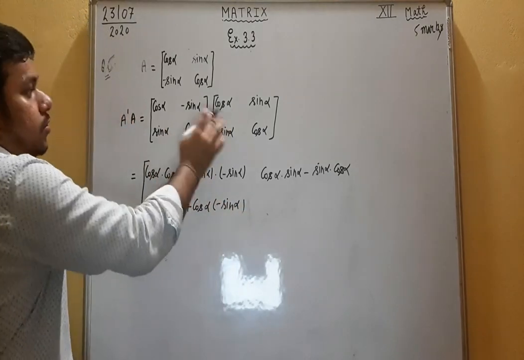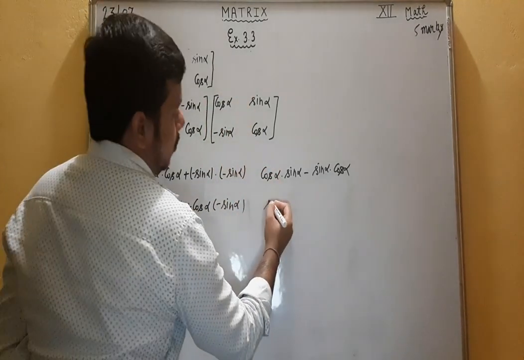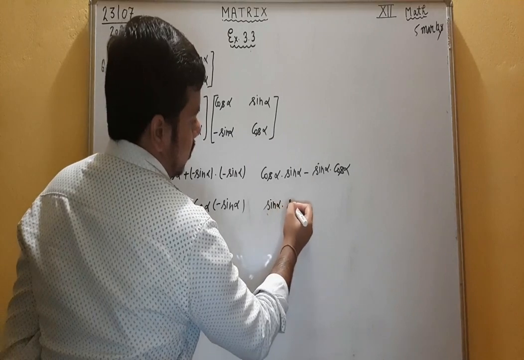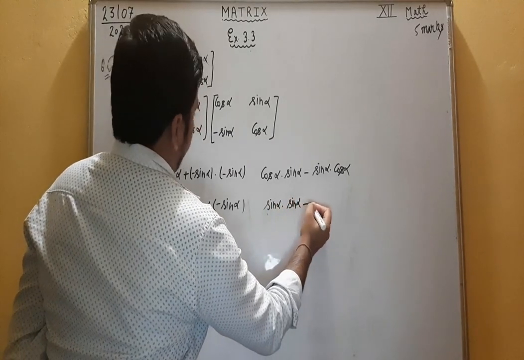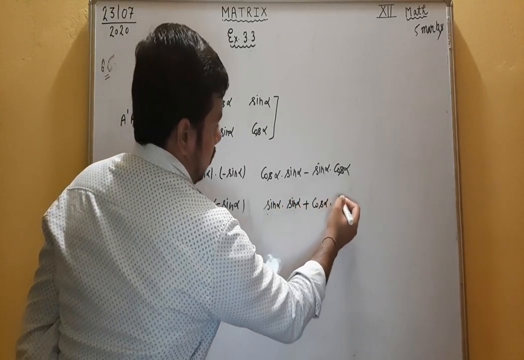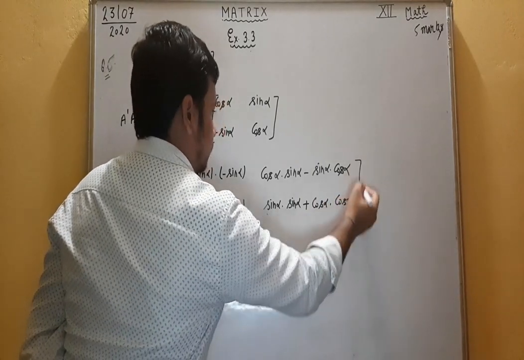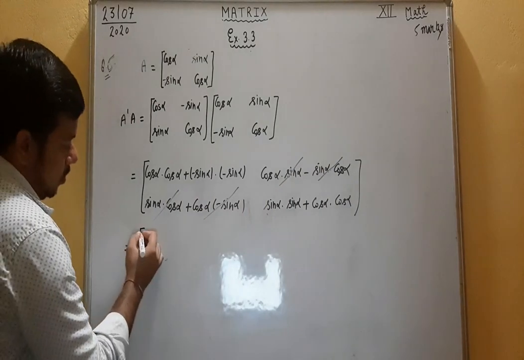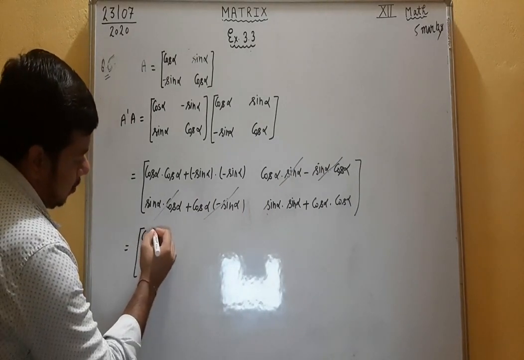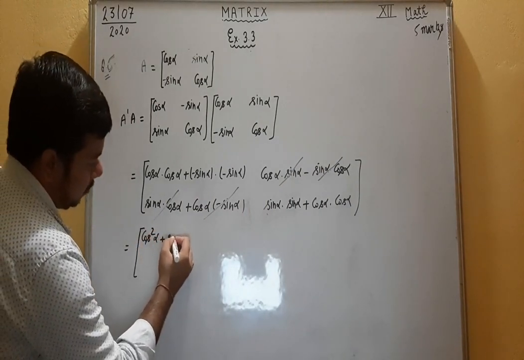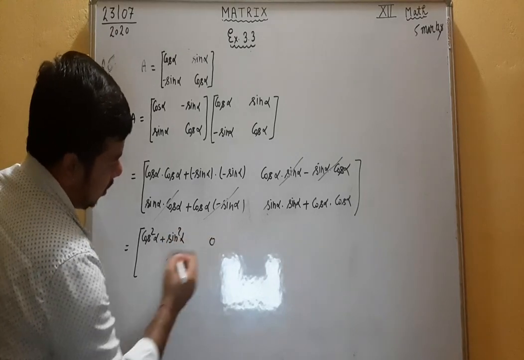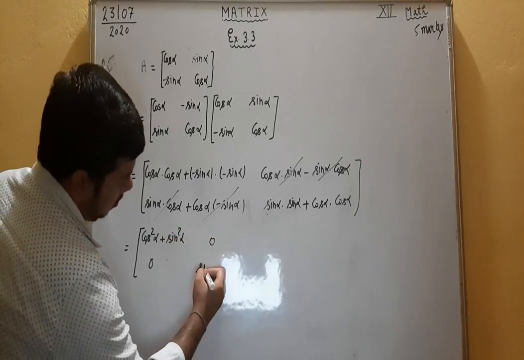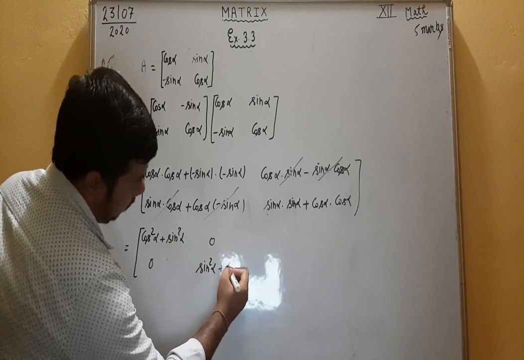Second row, first column. Now second row, second column. See, this is cancelled out by this. In the first entry, cos square alpha plus sin square alpha. Second entry is 0, third entry is 0, fourth entry is sin square alpha plus cos square alpha.